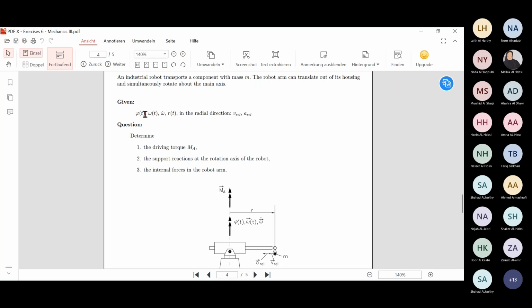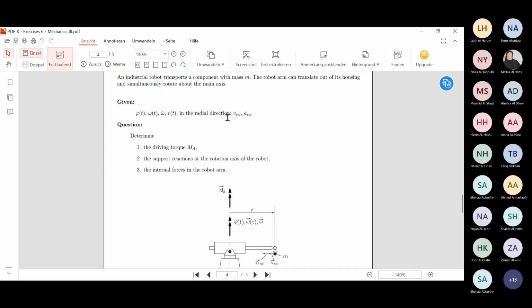Given its phi, omega dot, and r, t, all these terms have been determined.